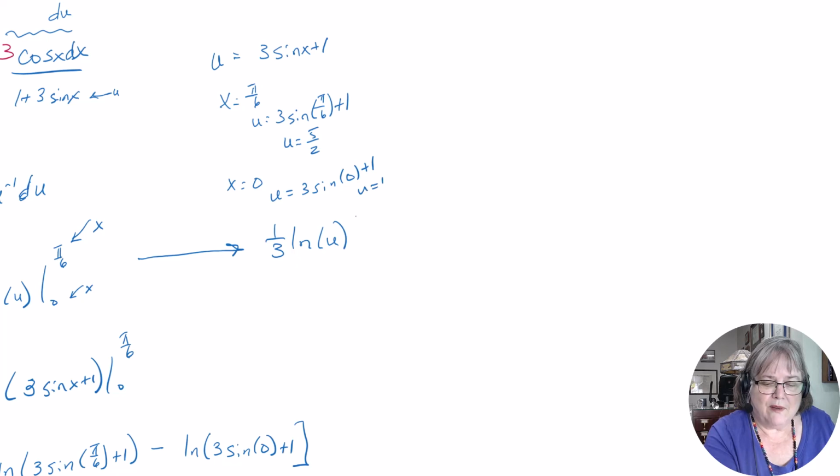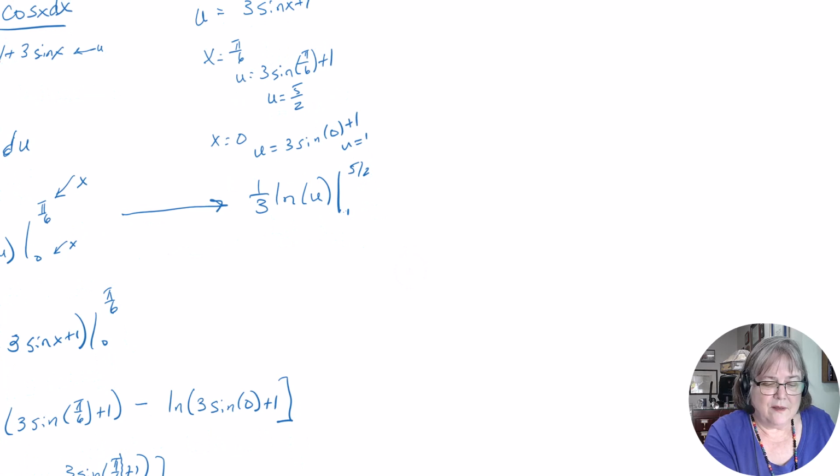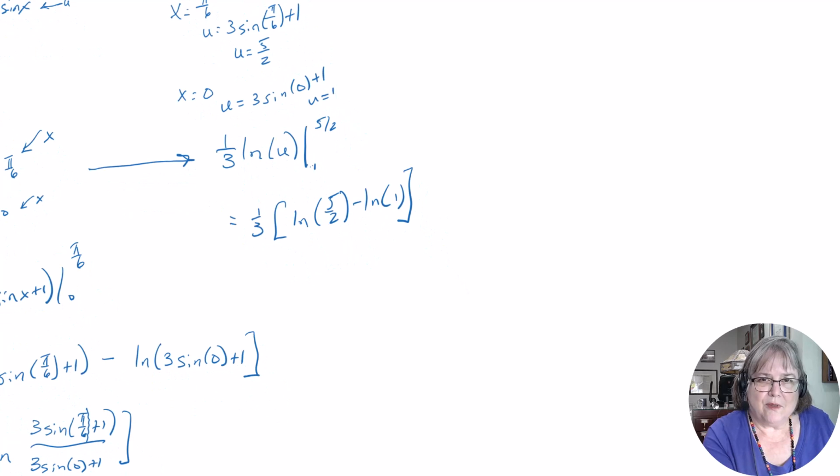So you could evaluate this from 1 to 5/2, right? So this would be 1/3 the natural log of 5/2 minus the natural log of 1. And the natural log of 1 asks, what do you take the natural log of to get 1?